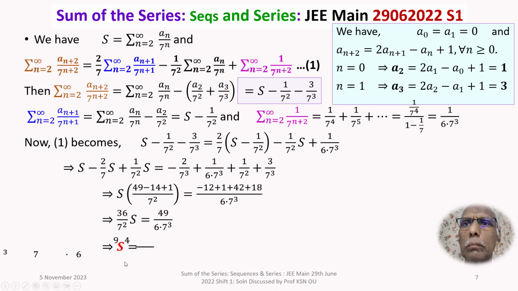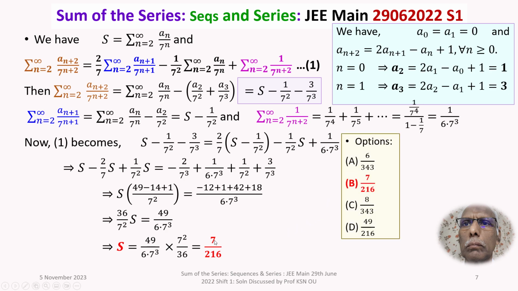So S is equal to 49 by 6 into 7 cube multiplied by 7 square by 36. After cancellation, you will get 7 by 216. Let's look at our options. Our answer, 7 by 216, appears against option B. Therefore, the answer to this question is option B.